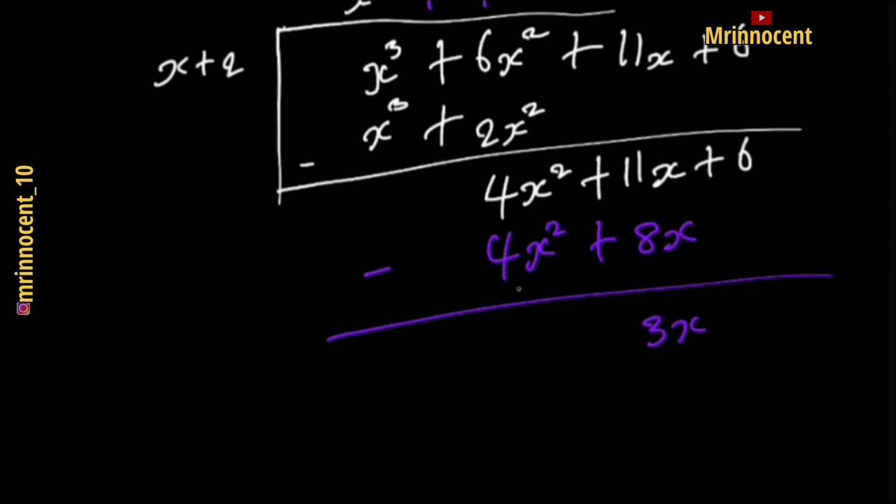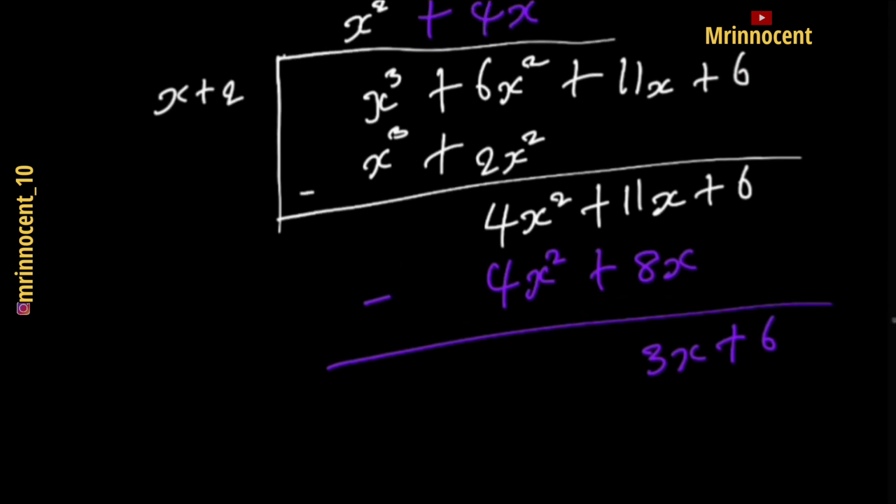4x raised to the power 2 minus 4x raised to the power 2 is 0. So you bring down plus 6. x divided by 3x is plus 3. 3 times x is 3x. 3 times 2 is 6.